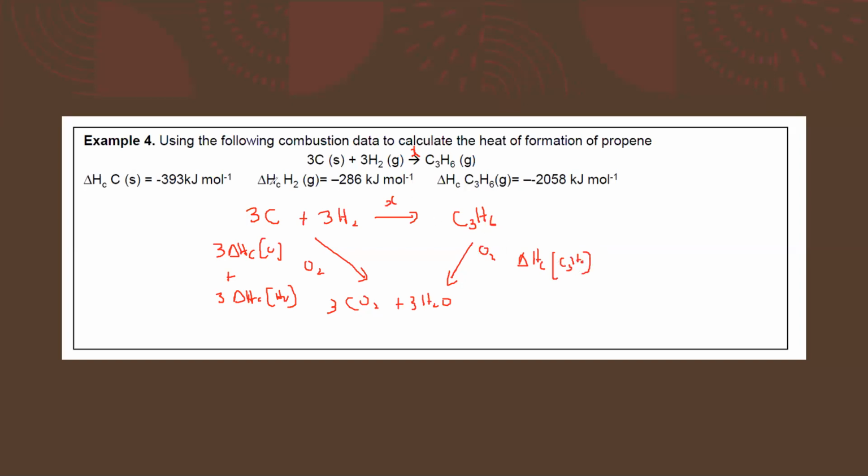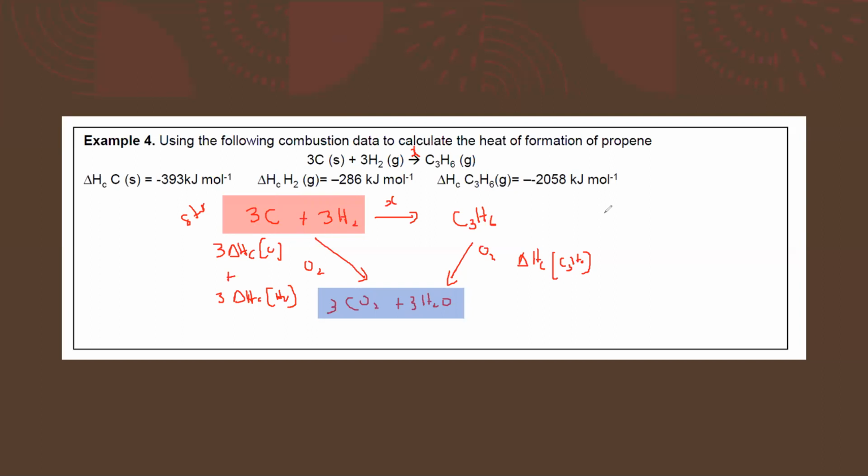And when we apply the Hess's law cycle, as you can see, the 2 arrows are pointing out. That is the beginning or the start of the cycle. And the 2 arrows are pointing in. That is the end of the cycle.